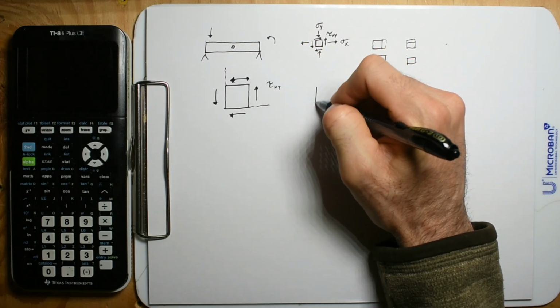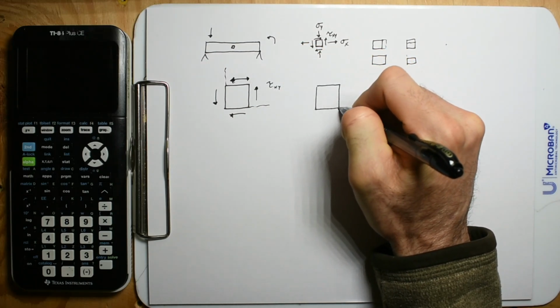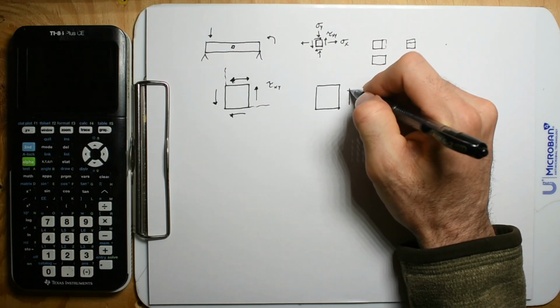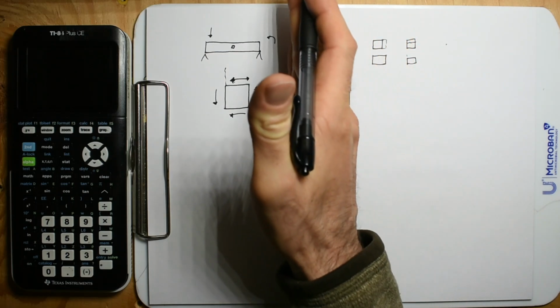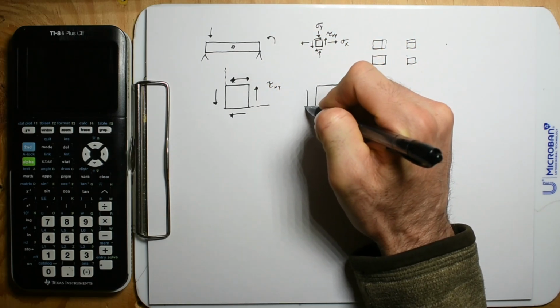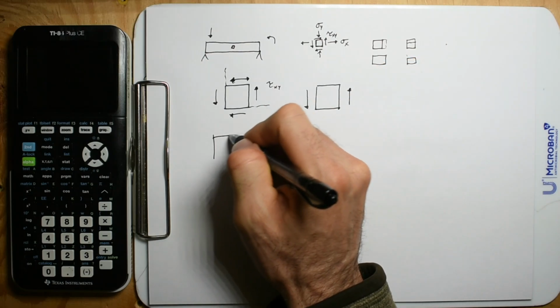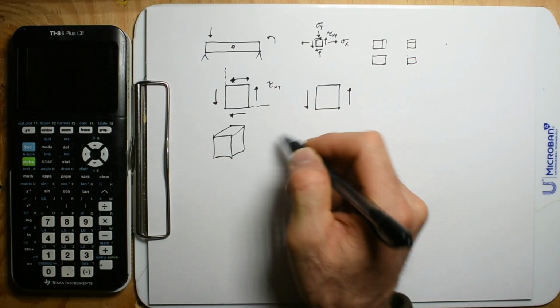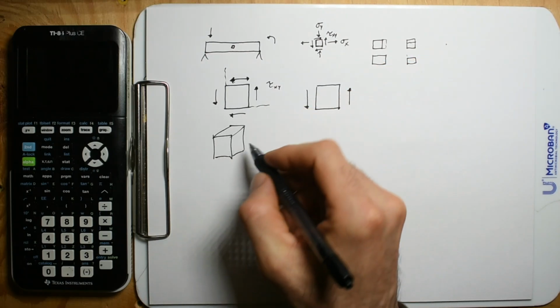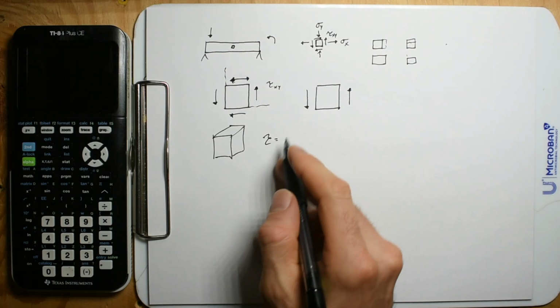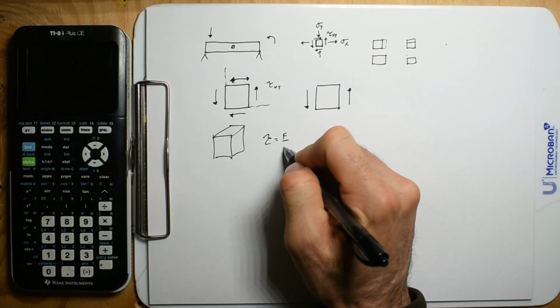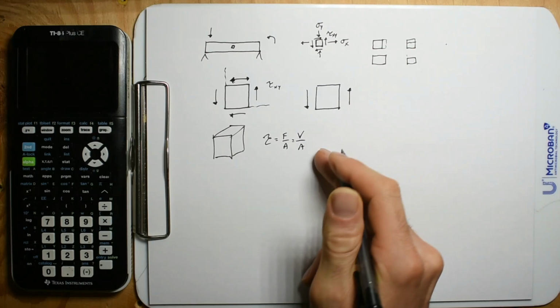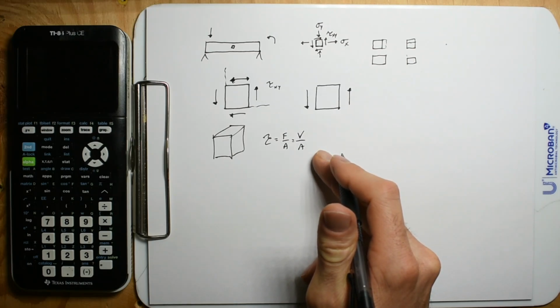Oh, we should back up. I have a force here, and it has to be an opposing force here, and that force is going to be on a face. So the shear is going to be force divided by area. And so, cool.